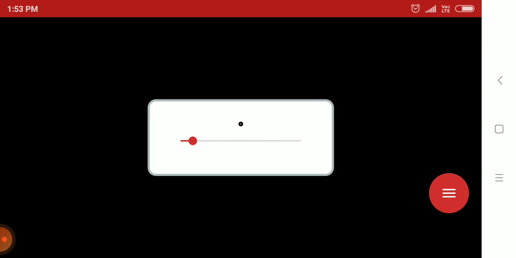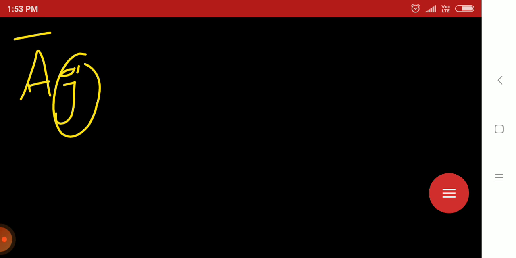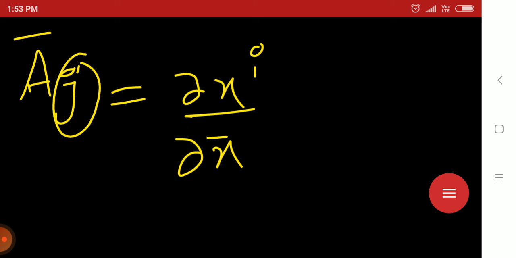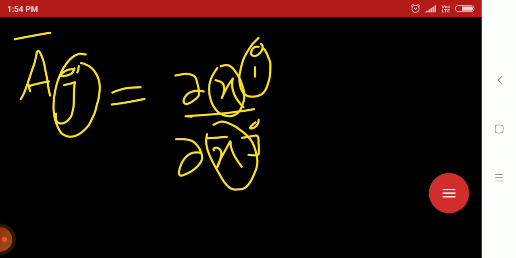Now if we write this in covariant form, for a rank 1 tensor, the covariant form is given by Ā_j. See here, now the index is at the below portion, that is the subscript. So you can write ∂x^i/∂x̄^j. Observe here, the x component, that is the component power, is not changed, it is on the upper portion.